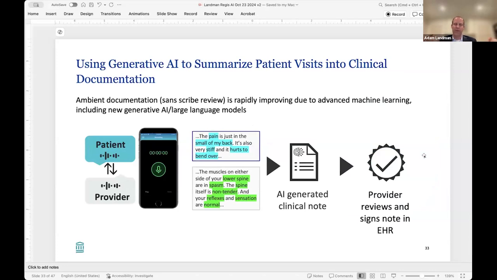They record the encounter. Then that is securely uploaded to a secure commercial cloud application. It does voice recognition and natural language processing, and then it uses large language models to summarize the information into a clinical note. That draft note is then presented to the clinician for editing, review, and then final signature.